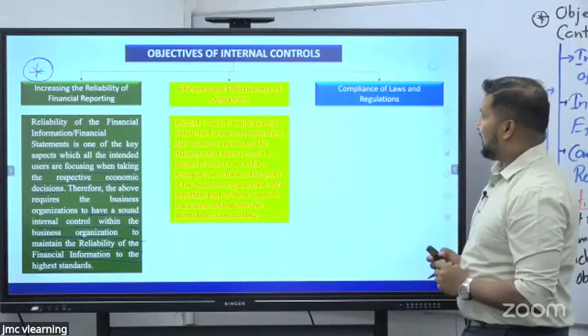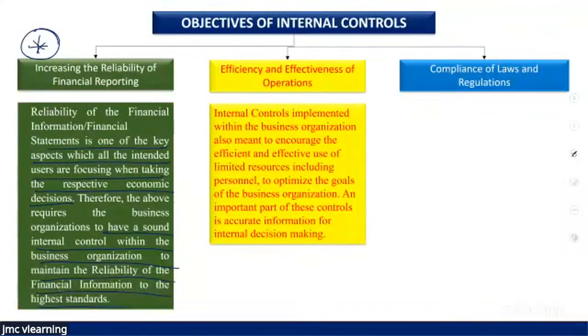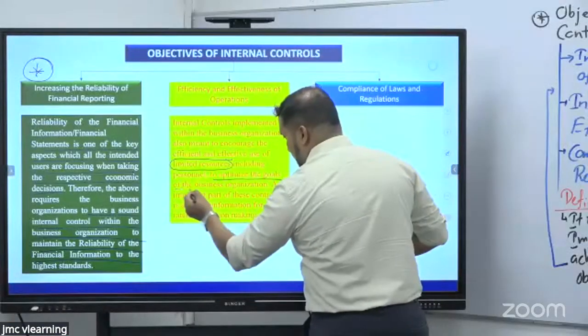Right, moving on to the second one, efficiency and effectiveness of operations. Internal controls implemented within the business organization are also meant to encourage the efficient and effective use of limited resources. The business organizations will have limited resources. We don't have unlimited resources, no. We only have limited resources, including personnel, to optimize the goals of the business organization.